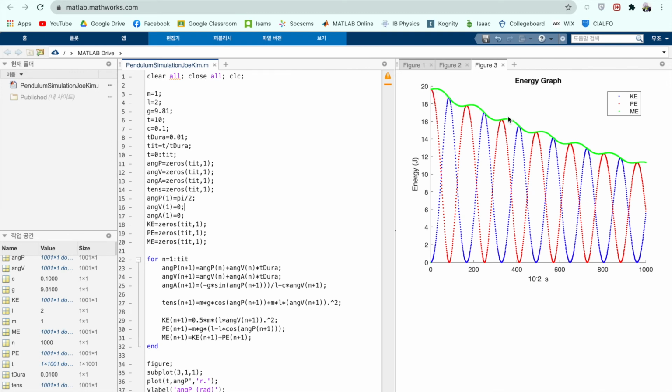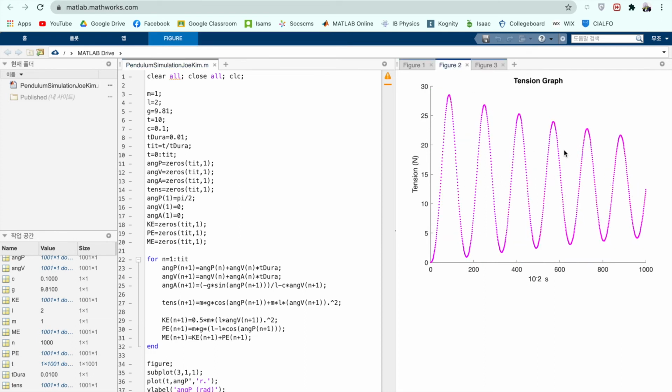And so here, you could see that the total energy, mechanical energy, in the system is decreasing, but only at a slower rate than before, whereby the value for C, the retarding coefficient, was 0.25.